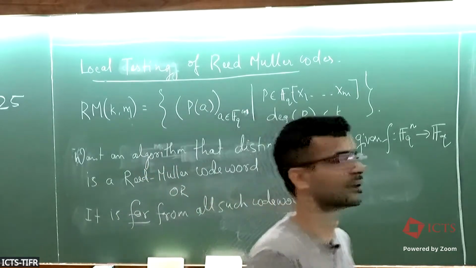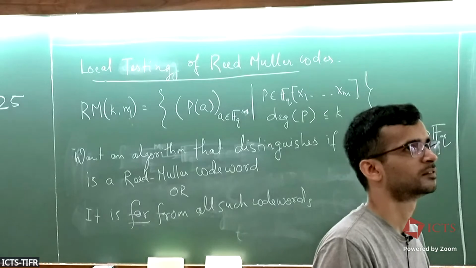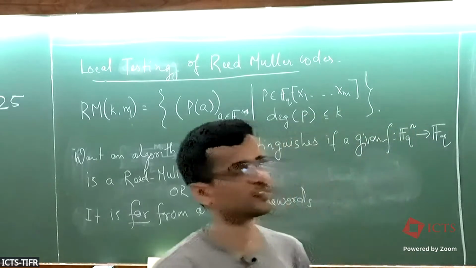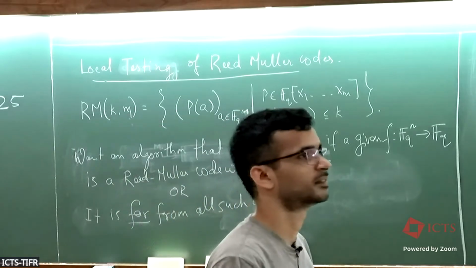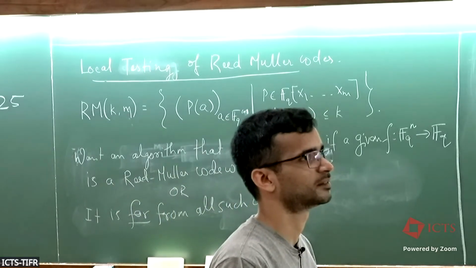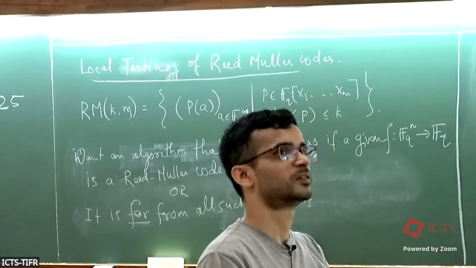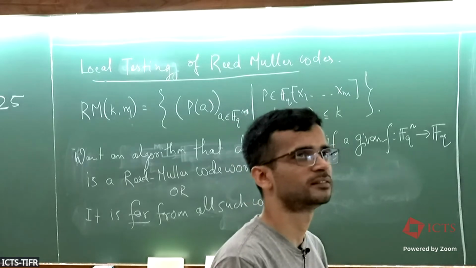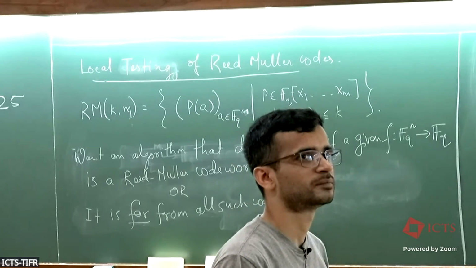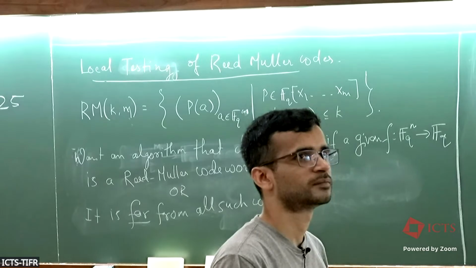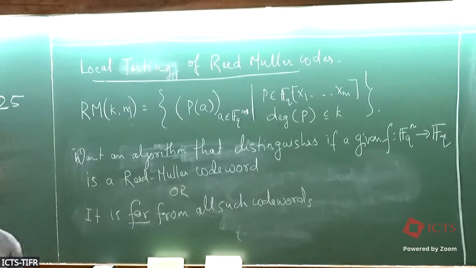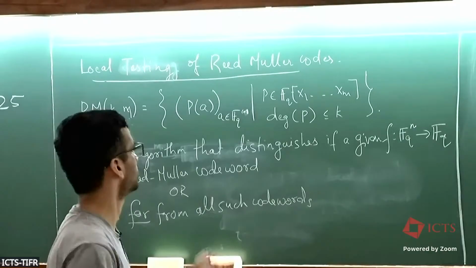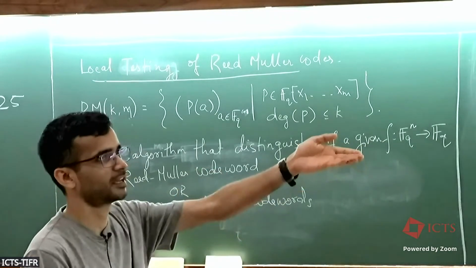Can you speak louder? Yeah, but we can't locally test Reed-Solomon codes. That's not very hard to prove. Right. What should we check on a line? Yeah, what? Right. So the suggestion is that, and we have been querying F on a line and doing local decoding.